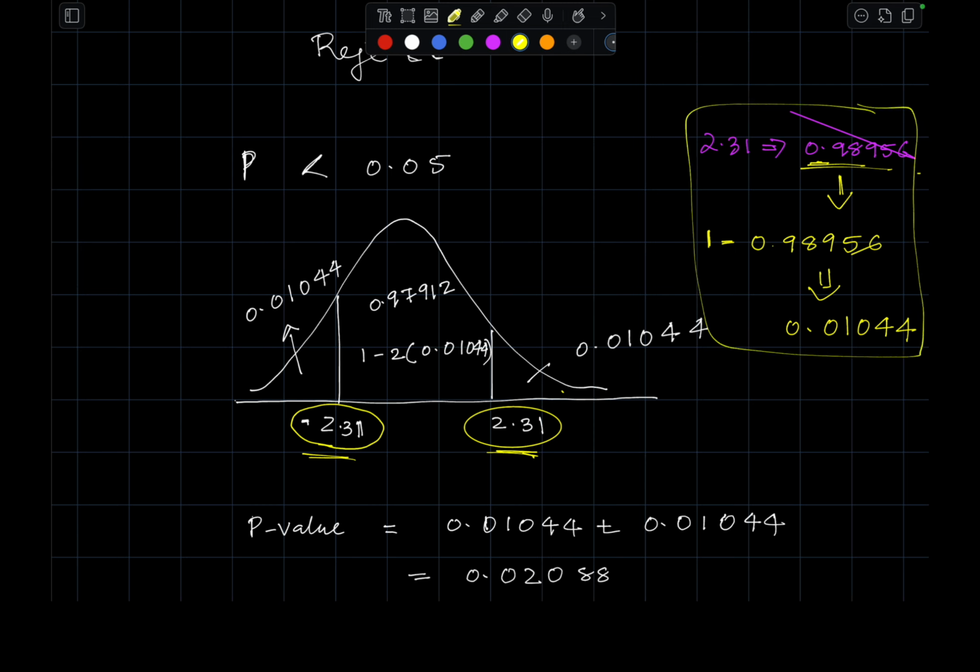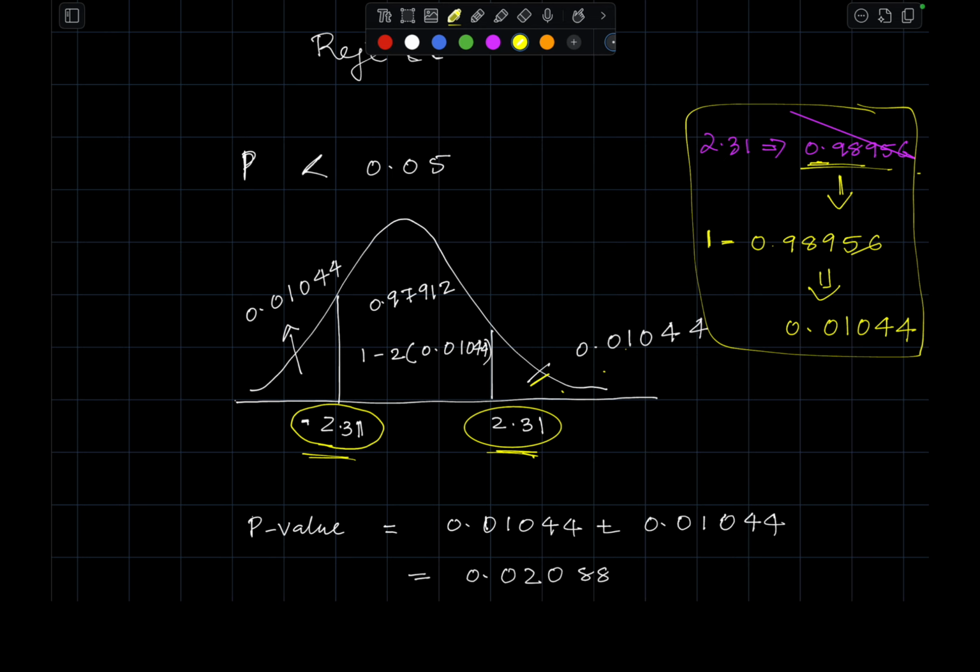So from this we got how much area? Earlier it was 2.5 percentage. Now it has come to 1.04 percentage in both sides.